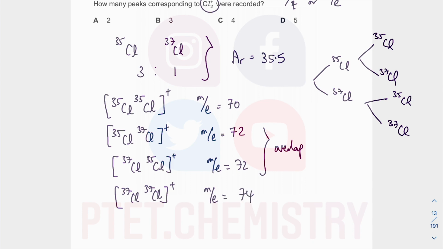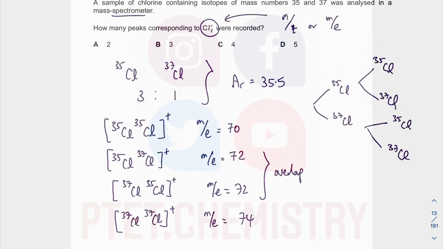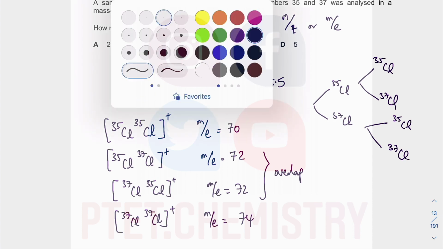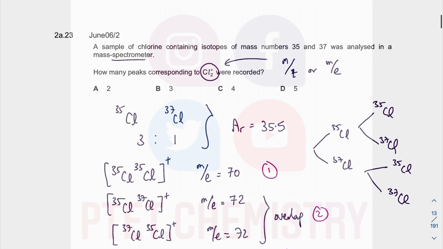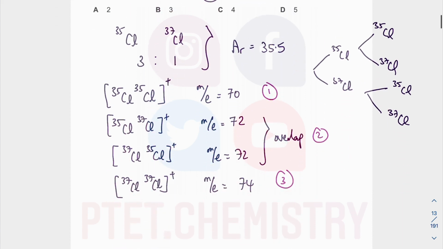So altogether, how many peaks will you see? You thought that you only see 1, 2, 3, and you will be wrong, because you have a molecule, and inside the mass spec, the molecule can be fragmented to give you further atomic ions.